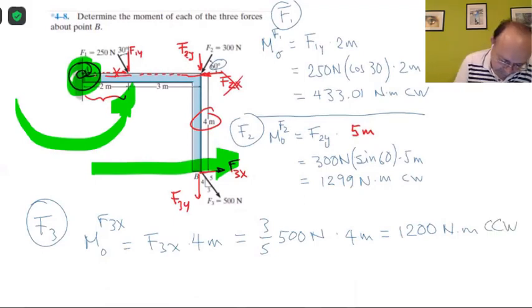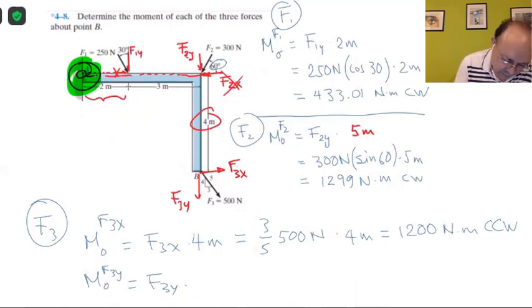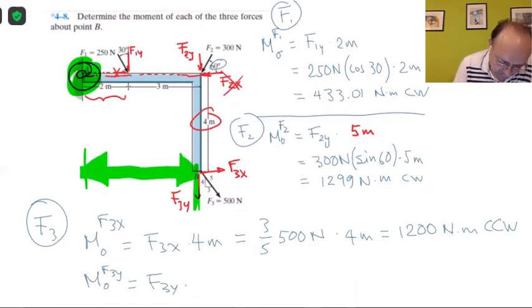So that will be counterclockwise. And now the moment of the force F3y with respect to O will be force F3y times the distance. The force F3y is this force right here. The distance will be this distance, so 5 meters.